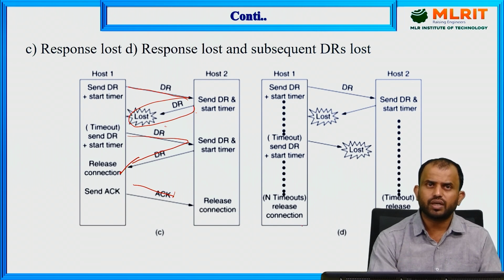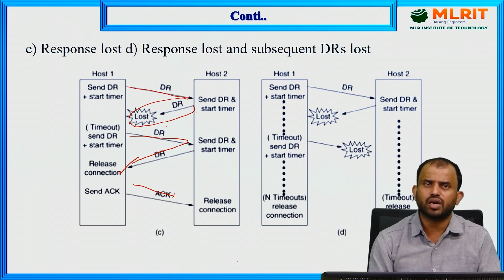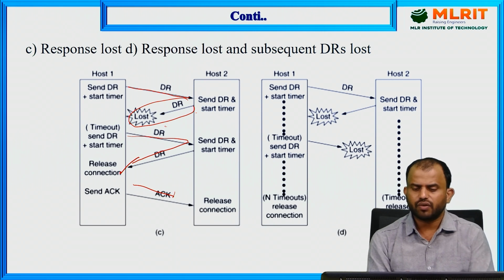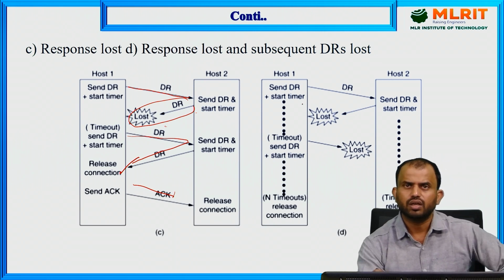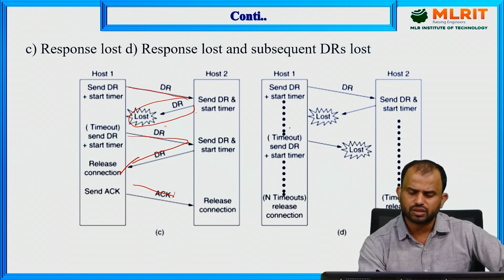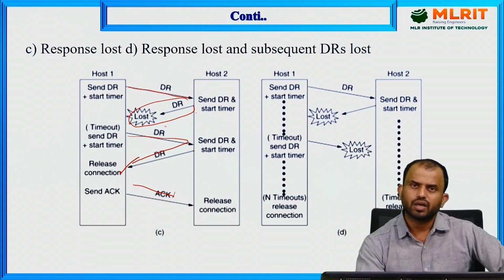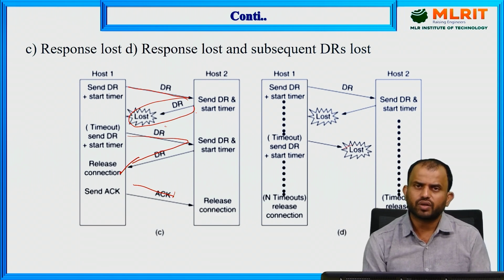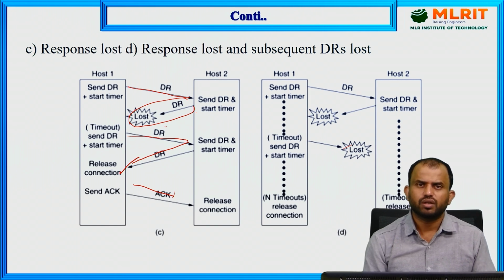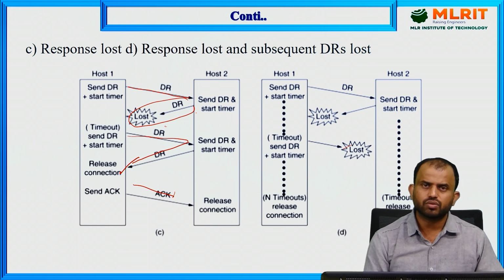But in the case of response lost or subsequent DR lost, any kind of information lost, we send the DR, and after a time gap, after the timer value, that also releases the connection, because it has to wait for a shorter delay time. After the delay increases, the timer process should increase. That also leads to connection release.